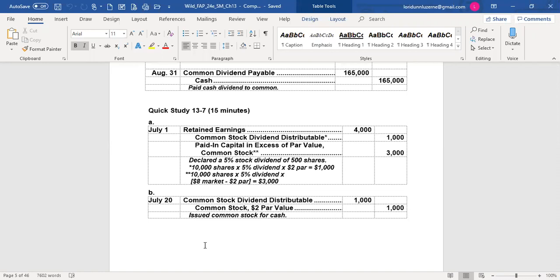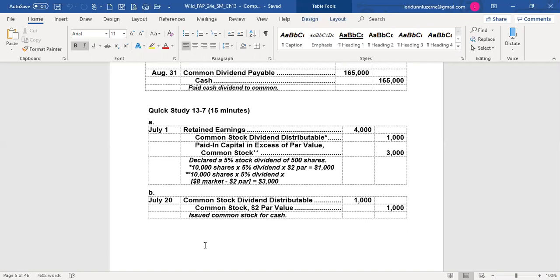The total outstanding shares are 10,000. They're going to send out an additional 5% or 500 shares. 500 times $8 market value will give us retained earnings debit for the value of that dividend of $4,000.